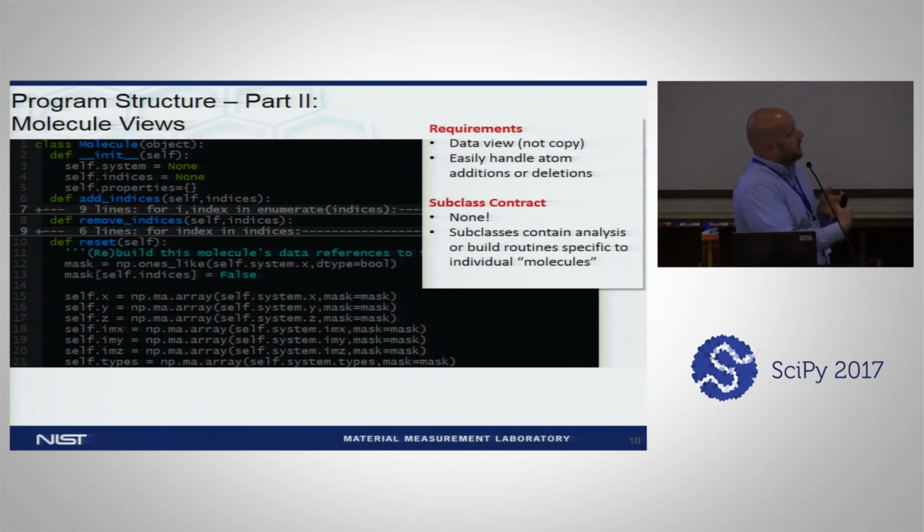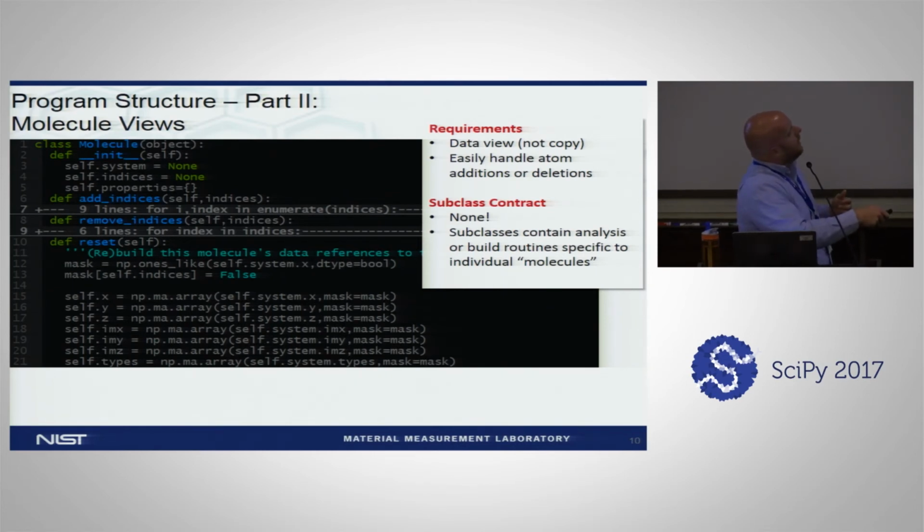Rather than creating a specific mask each time that Monte Carlo move came up and applying it to the system array, we wanted an abstraction that allowed us to easily say this chain object corresponds to chain 1, and any effects that we apply to this chain object through these masked arrays propagate directly into the system object.